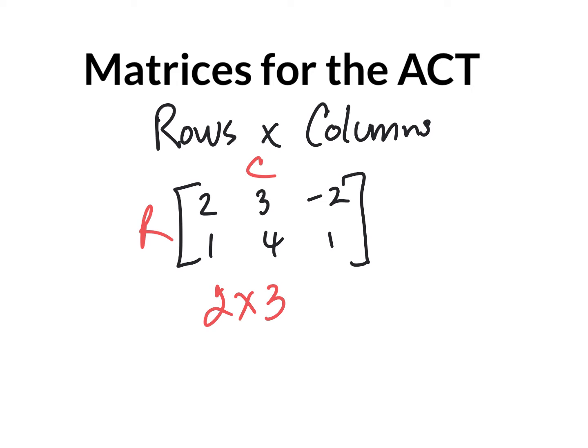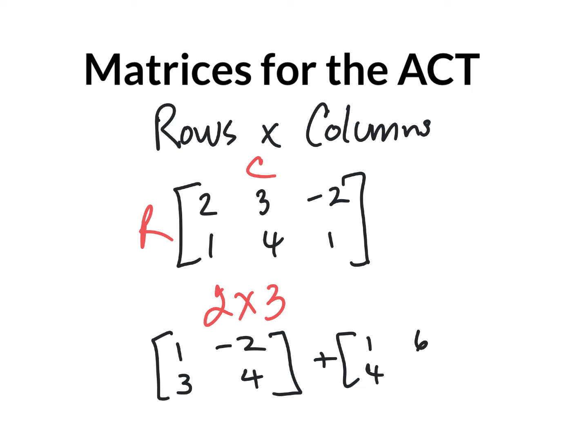Now, to add or subtract matrices together, they need to be the same size. So you can see a 2 by 2, like that. To add matrices together, you simply locate the spot in the same cell.